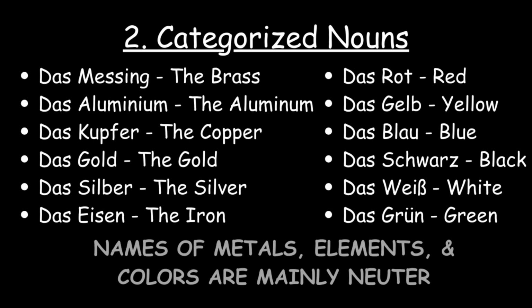When it comes to neuter nouns, names of metals, elements, and colors are mainly neuter. Das Messing, das Aluminium, das Kupfer, das Gold, das Silber, das Eisen, das Rot, das Gelb, das Blau, das Schwarz, das Weiß, das Grün.